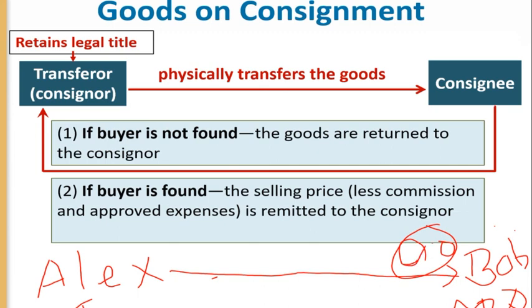The ownership of these goods is not transferred to Bob. The ownership of the goods kept on consignment in Bob's store actually goes to Alex. So when Bob counts his inventory, he will not include the goods kept on consignment from Alex. In this case, Alex is the consignor and Bob is the consignee. So for goods kept on consignment, the ownership goes to the consignor, not the consignee. Be careful about that.